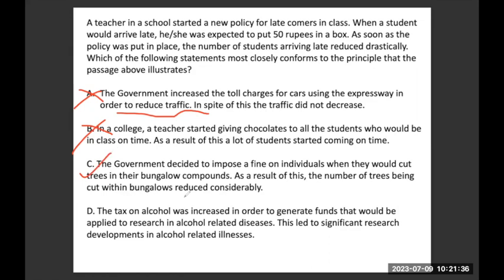D part. Tax on alcohol was increased in order to generate funds that would be applied to research in alcohol-related disease. This led to significant research developments in alcohol-related illness. What it says is there's a tax imposed to generate funds, which would be used for some research.